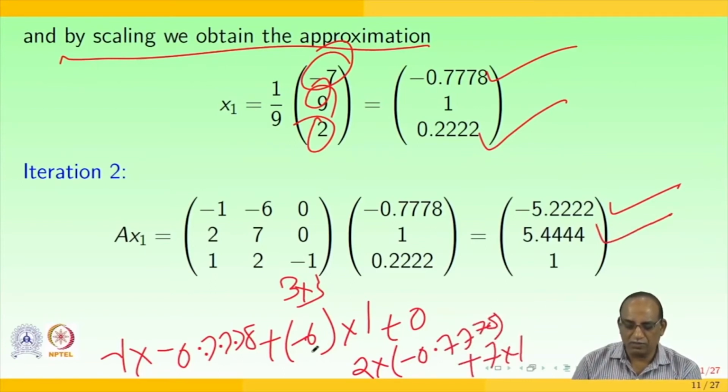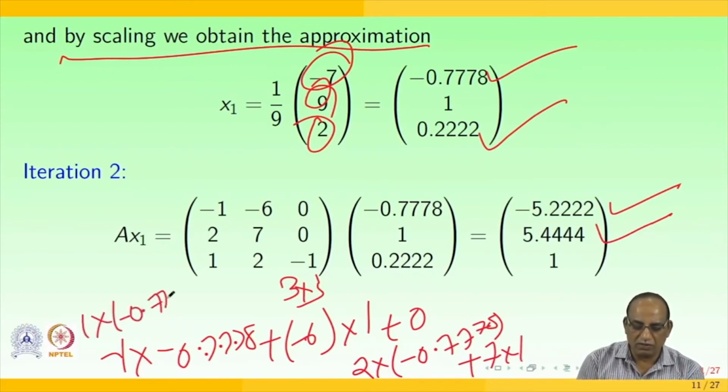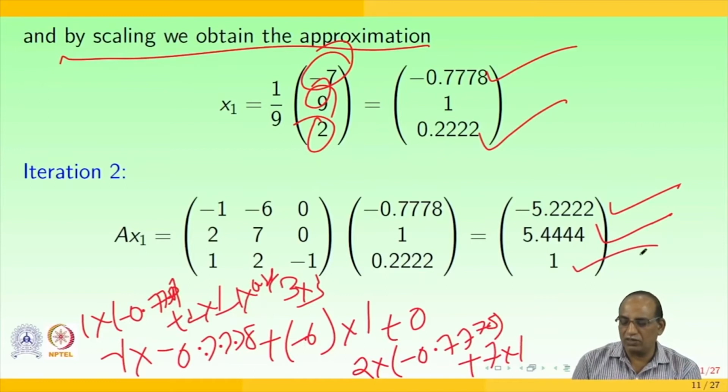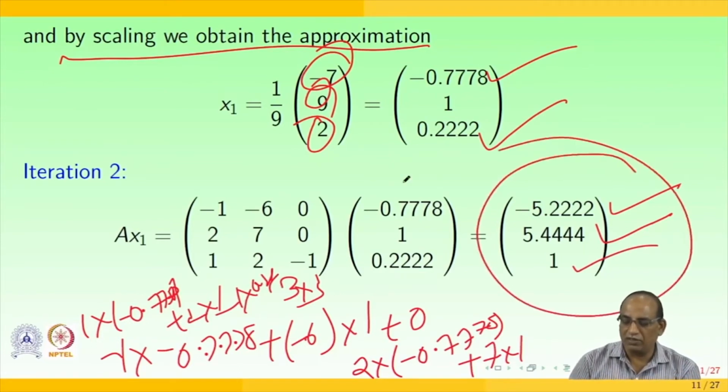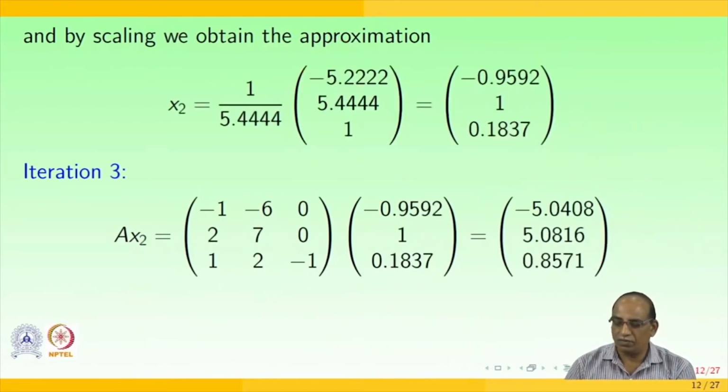So you get this. And third one is 1 into minus 0.778 plus 2 into 1 minus 1 into 0.222, etc. You arrive at this. So ultimately you get minus 5.222, 5.444, and 1.